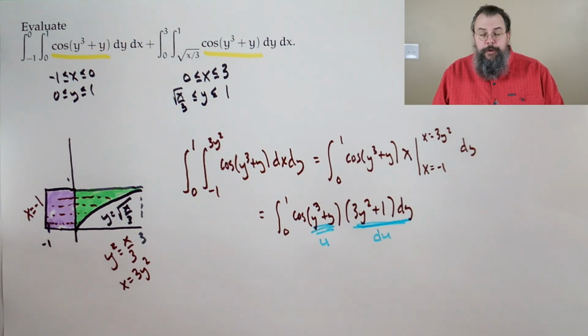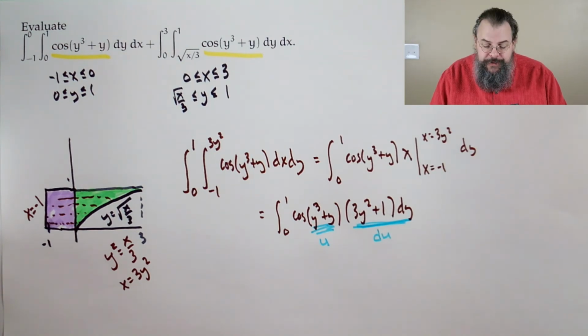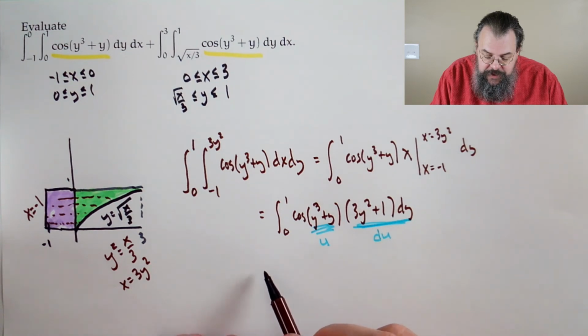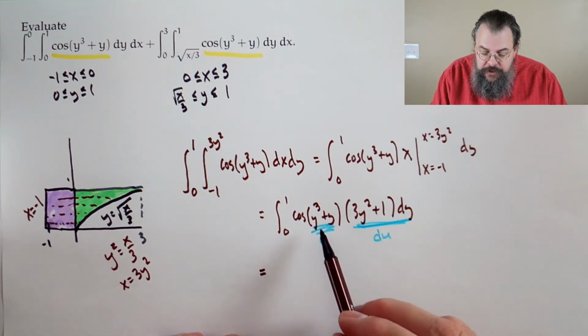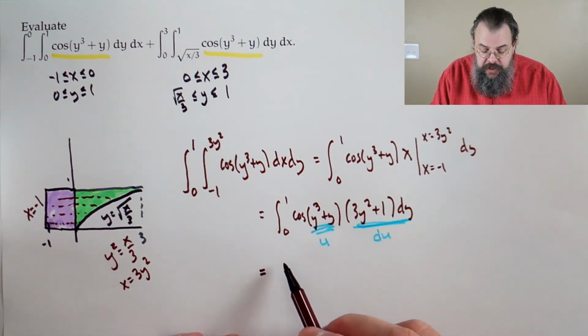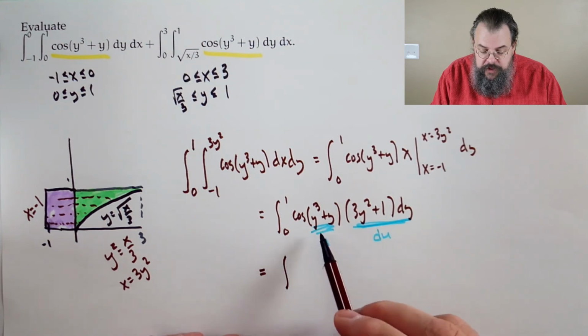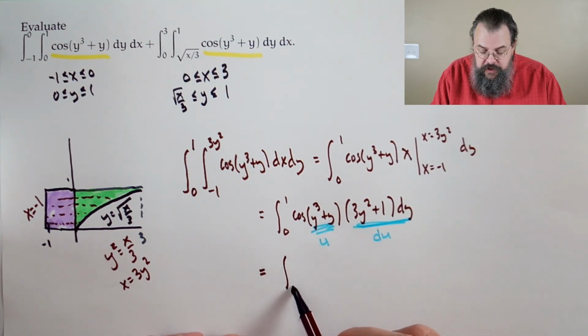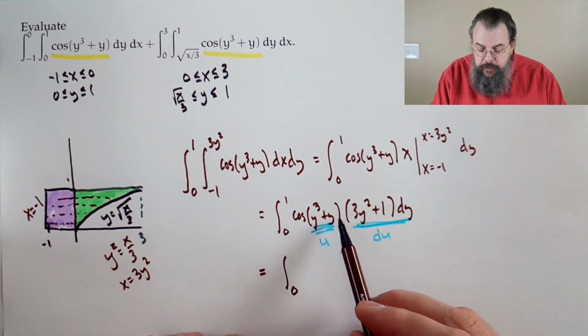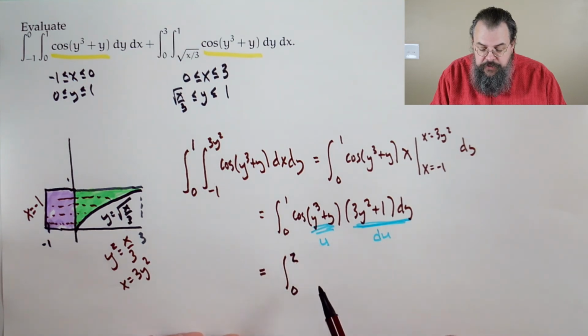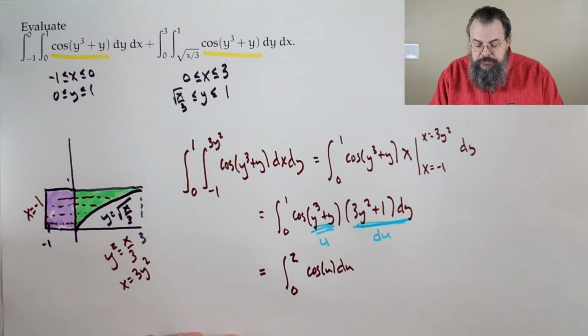So now we're like, wonderful. So let's actually do this computation. So u is y cubed plus y. What would our bounds be? Well, 0 cubed plus 0 is 0. 1 cubed plus 1 is 2. And we have cosine u du.